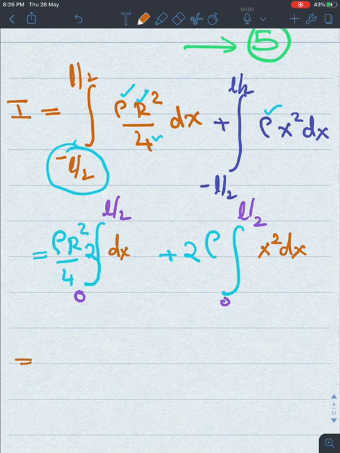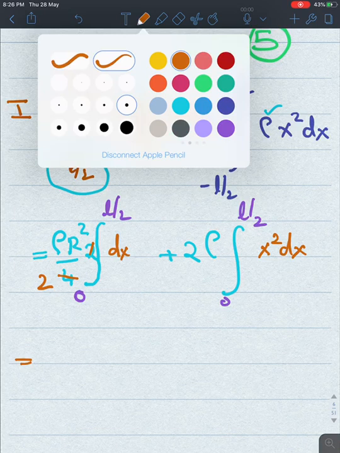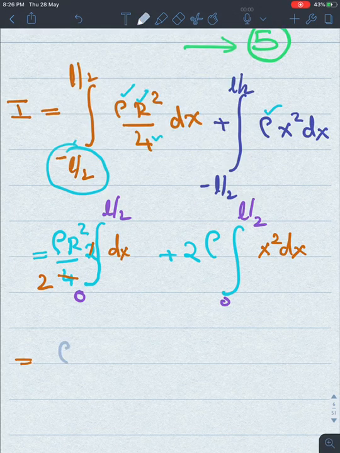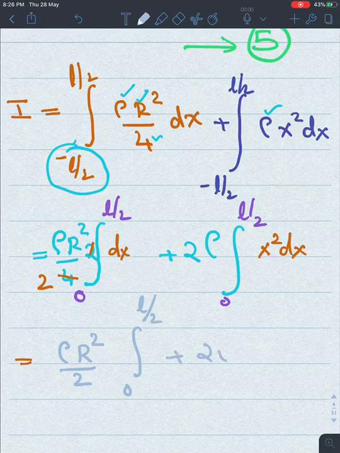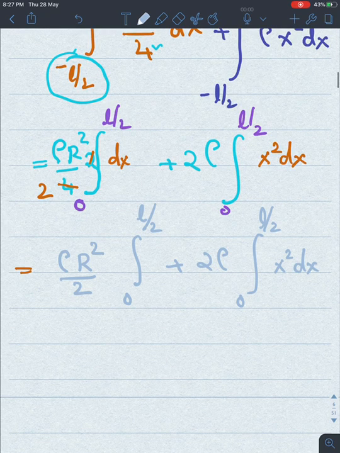So this gets cancelled, and you have rho r square by 2 integral 0 to L by 2 dx plus 2 rho integral 0 to L by 2 x square dx.